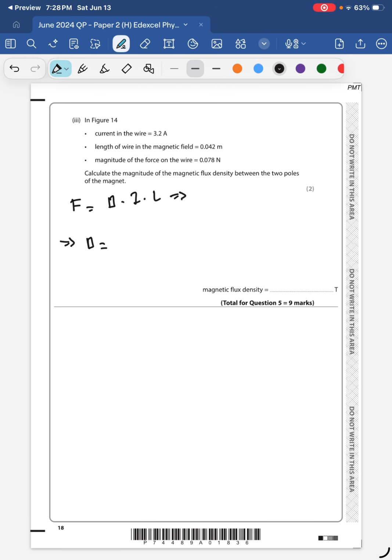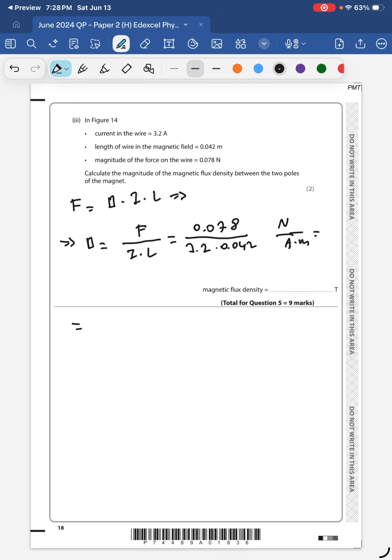So we are going to be solving for B. So F over IL. So our force is 0.078 newtons, the current is 3.2 amps, and the length is 0.042 meters.